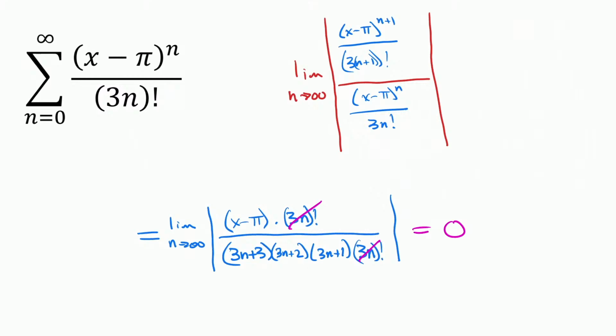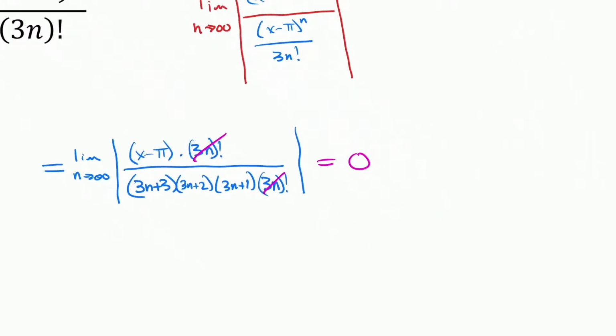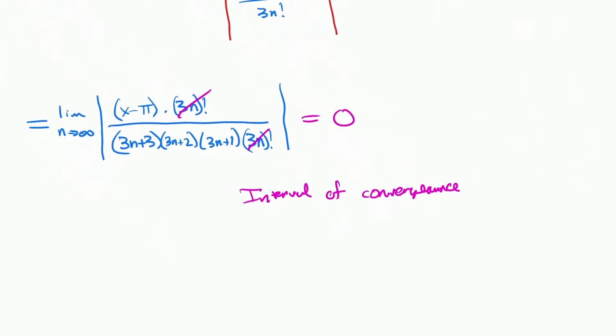X can be any number. X can be anything. And so whenever this happens, we might say something like this, that the interval of convergence is any number.